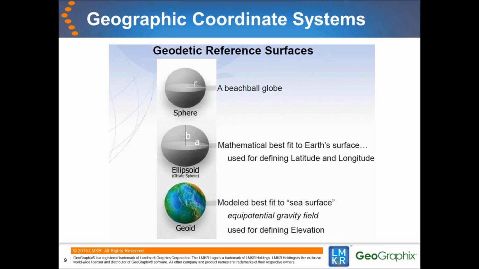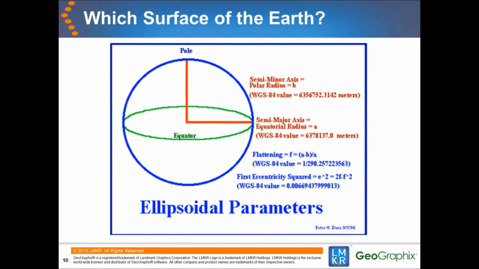So that's the other reason why we have a lot of datums. Now, recently, the datums have become much more accurate. A very accurate whole Earth datum is WGS 84. That's the World Geodetic System datum, and that's a whole Earth datum.